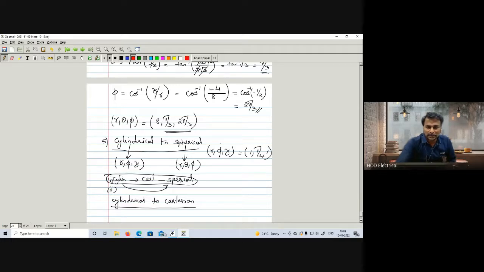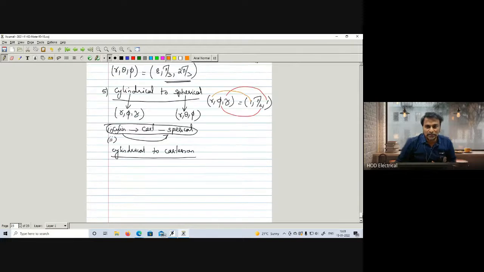That means r equal to 1, phi equal to pi by 2, and z equal to 1. So let me do this with this example. First, we convert cylindrical to Cartesian. For that, x is equal to r cos phi, then y is equal to r sin phi, then z is equal to z, which is equal to 1.